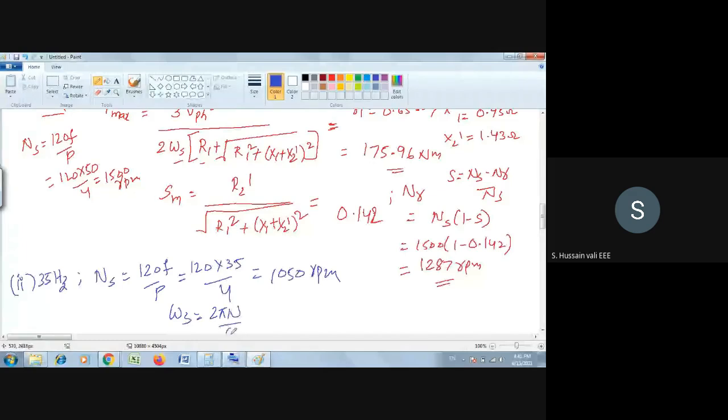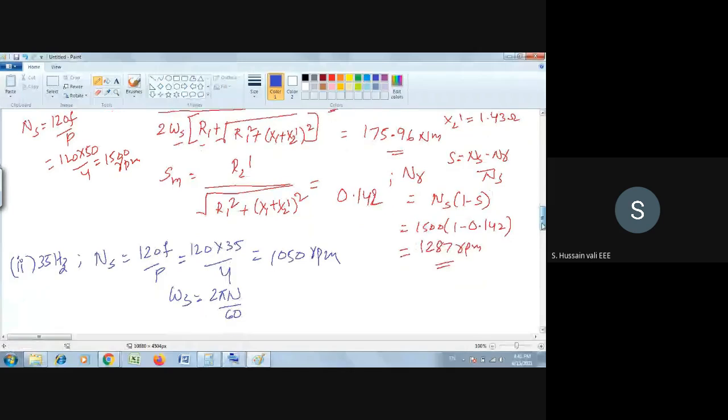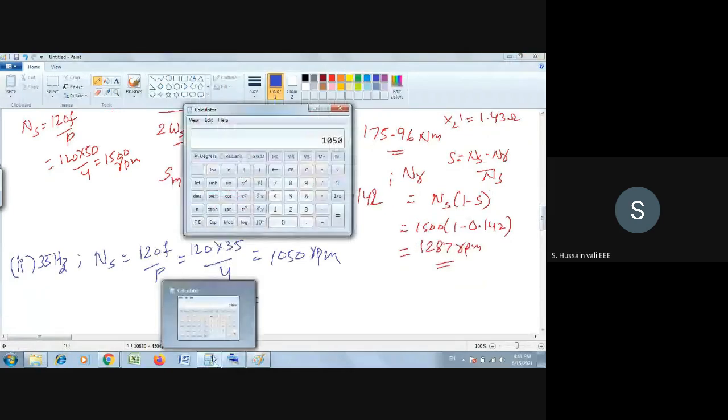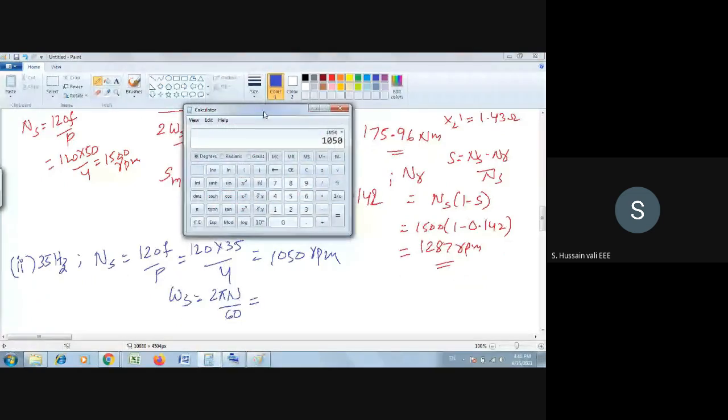So what you will get from this? 1050 into pi into 2 divided by 60. Yeah, you got 109.95. 109.96. This is omega s.